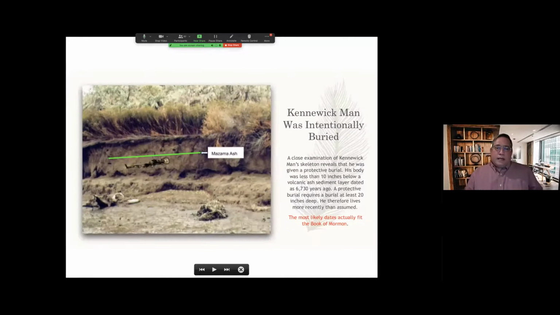Now there's another thing too, with Kennewick Man having been buried just below the Mazama ash layer. Some people have said, well, wait a second, if he did live more recently than the Mount Mazama volcanic explosion, then he would have to have been buried down through that volcanic ash layer.